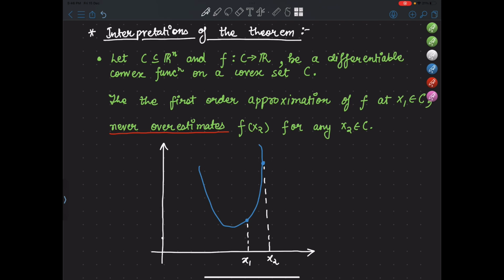The linear approximation of the function, h(x) equal to f(x1) plus f dash (x1) times (x minus x1), never overestimates the function itself at x2. You can see the value of the linear function is always less than the value of the function at x2. So this is what this interpretation means.